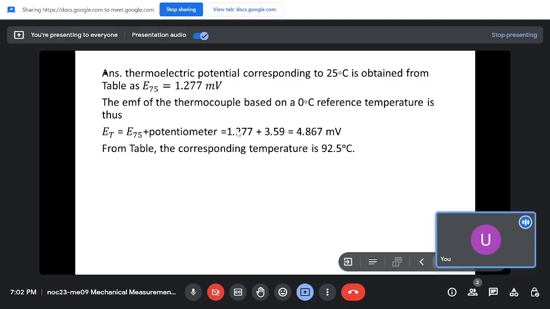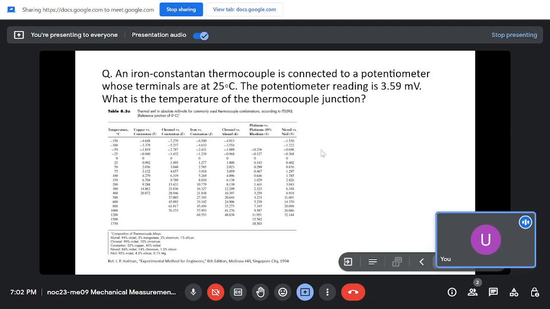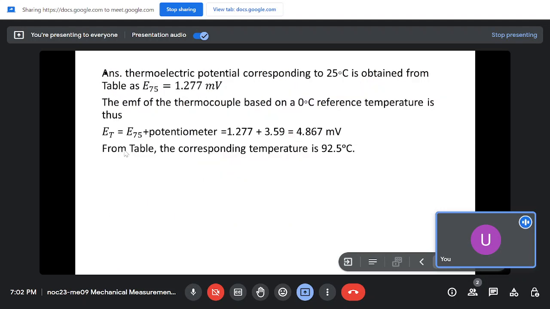So that gives you 1.277 plus 3.59, which is the potentiometer reading, giving 4.867 millivolts. So that is the EMF generated for the temperature at the junction. Using this 4.867 for iron constantan, you can see it lies between 75 and 100. So using interpolation, we calculate that the corresponding temperature is 92.5 degrees Celsius. So that is the temperature at the junction of the thermocouple.